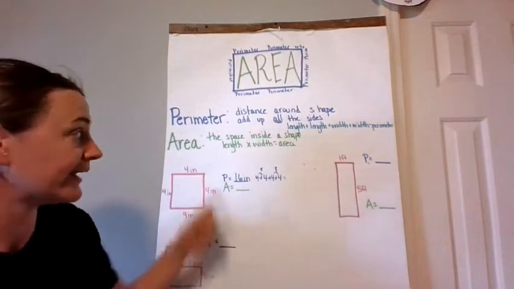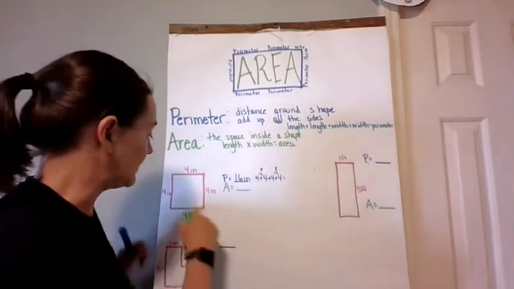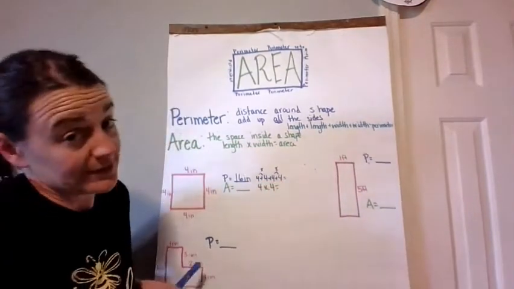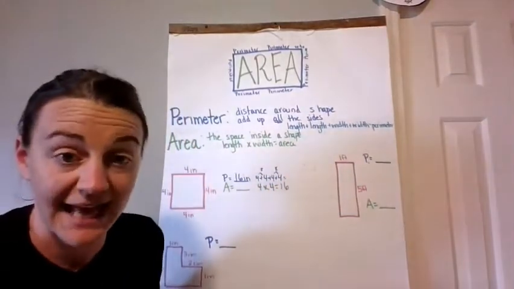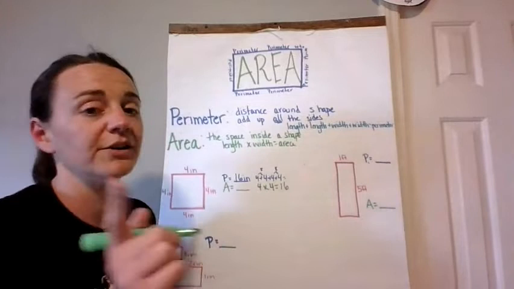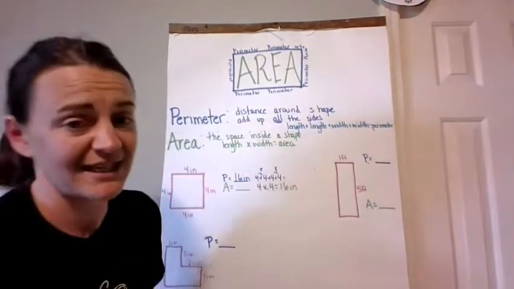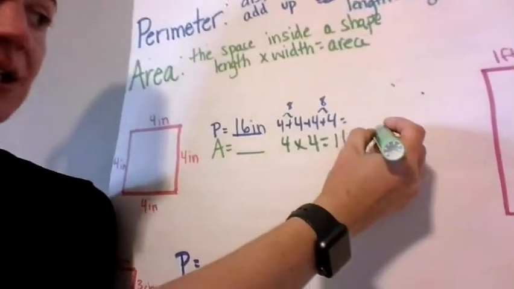Now, if I want to find area, my formula for area, length times width. So I'm going to do 4 times 4. 4 times 4 equals 16. Is that it? Oh, good, you're yelling at the computer screen again. No, make sure you have your label. Inches. And when we do area, we do inches squared.